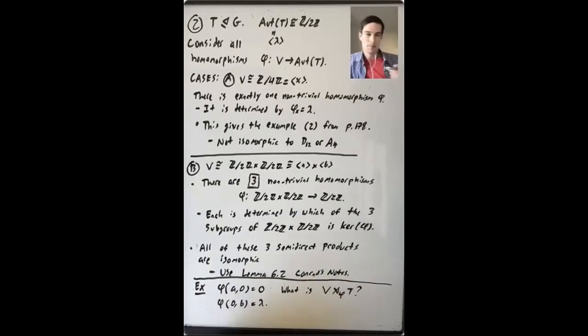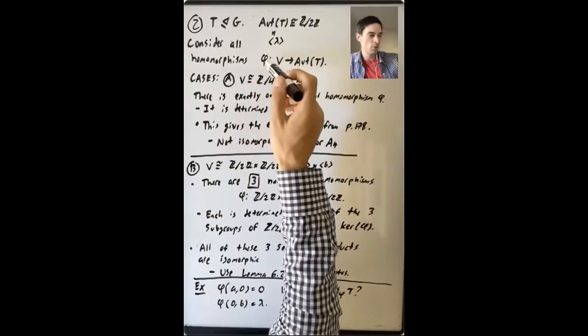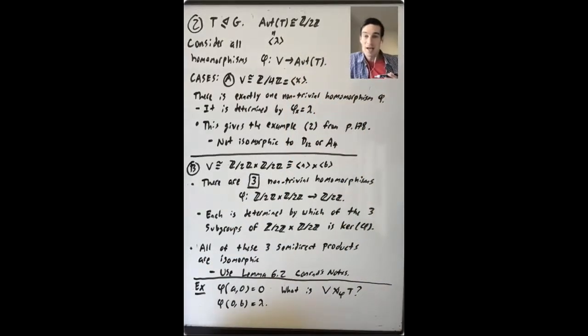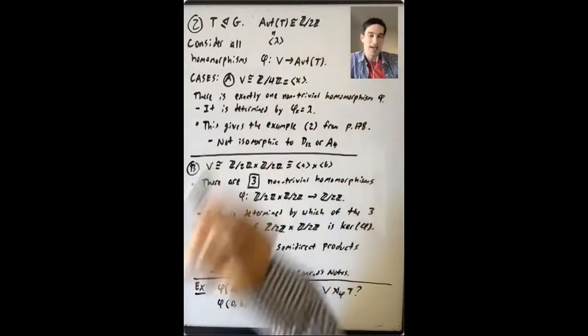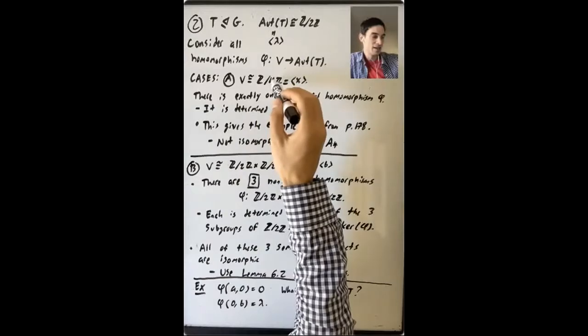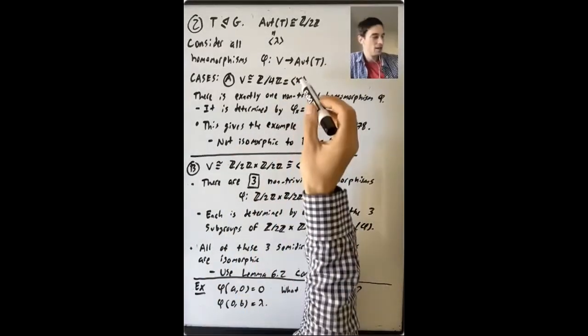And what we need to do is consider all the possible homomorphisms phi from V to Aut T. And what those homomorphisms are is going to depend on which group V is. So we know that it's a group of order 4, so we split it into two cases. If V is isomorphic to Z mod 4Z, let's pick a generator.